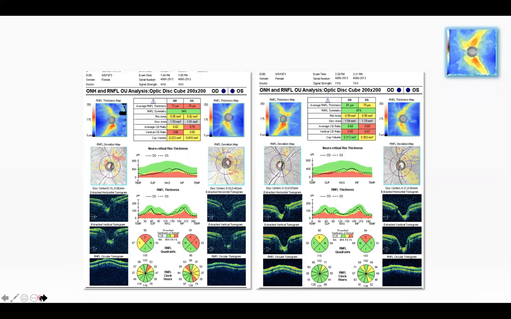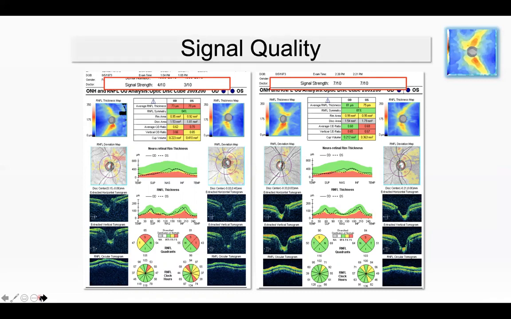What's the reason for the change in OCT results in this patient? Look at the signal strength. It was 3 and 4 in the first one, it was 7 in the second scan. So better signal quality results in better and more correct RNFL values. So you have to rescan patients until you have good quality scans.